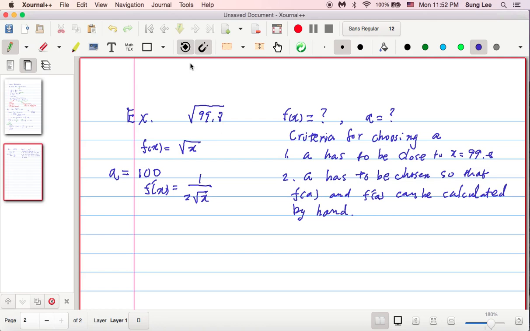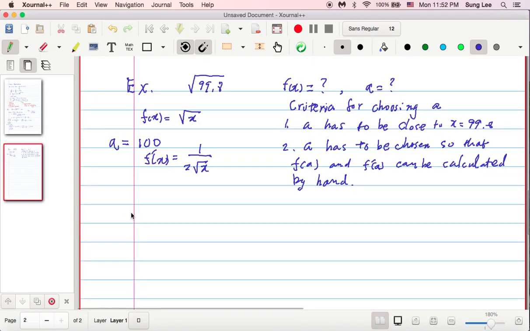Since we have determined f of x and a, we are ready to go. We have to calculate the linear approximation L of x. Let me write down the formula first: L of x equals f of a plus f prime of a times x minus a.